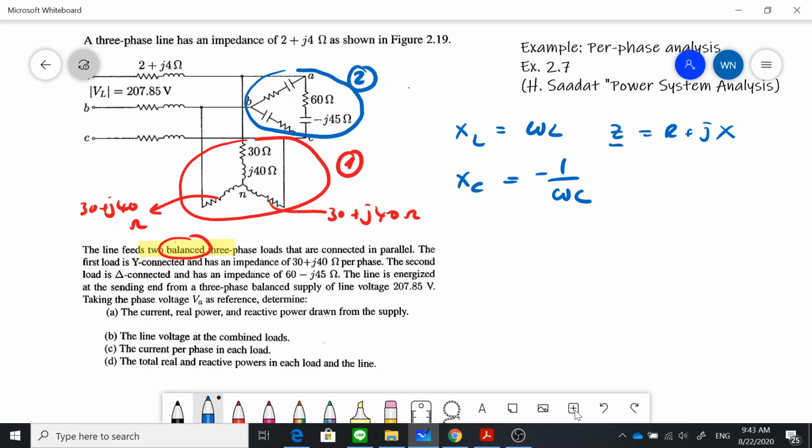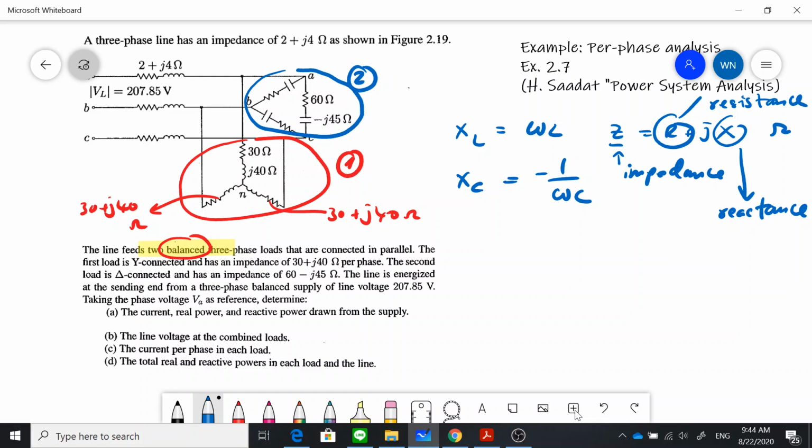The complex number here is called impedance, the imaginary part is called reactance, and R here is resistance. All of these three quantities have units of ohms, so they share the same units, right?